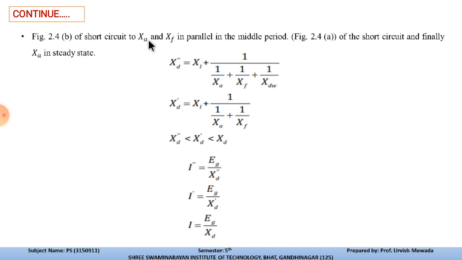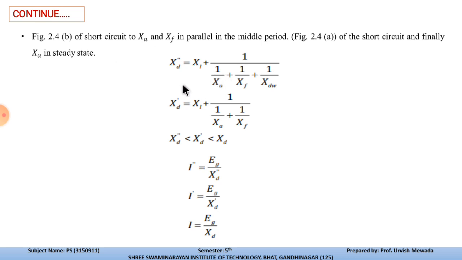Figure 2.4b is the short circuit with XA and XF in parallel in the middle period, and in figure 2.4a, finally only XA in steady state.